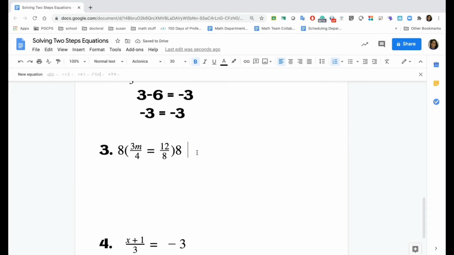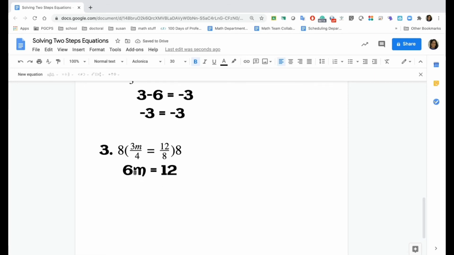Now this will become 8 divided by 4 is 2, and multiply it to the numerator. 2 times 3 will become 6. So the left side will become 6m equals, we can cancel the 8 on the right side, so the right side will become 12.